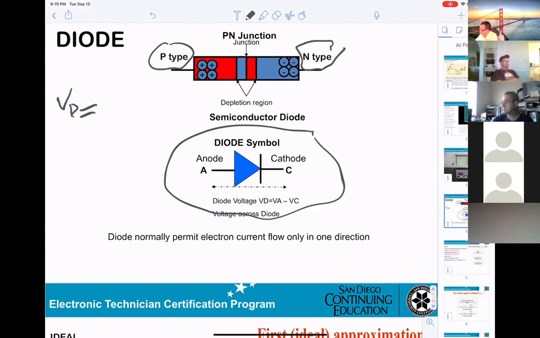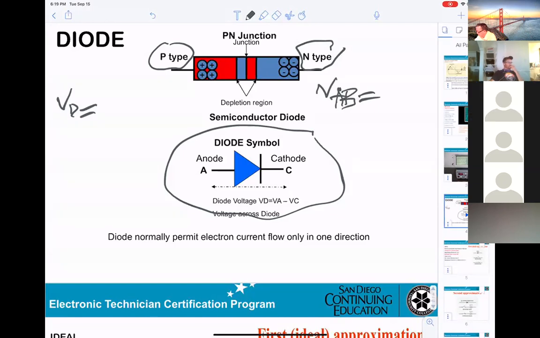Okay, now go back. VAB equals what? Voltage drop from A to B. I'm talking in general.